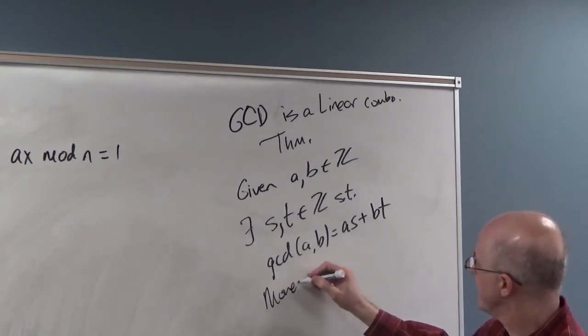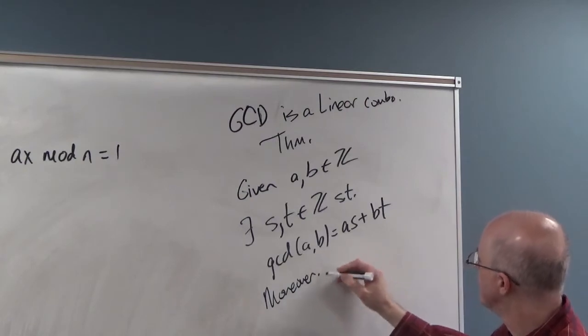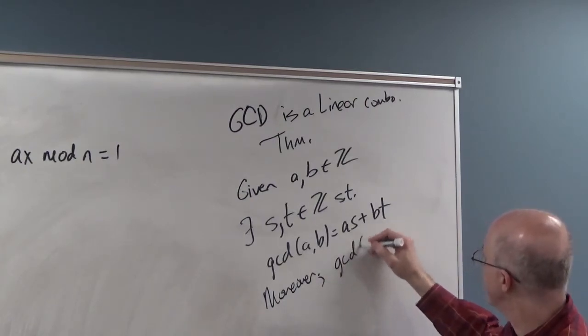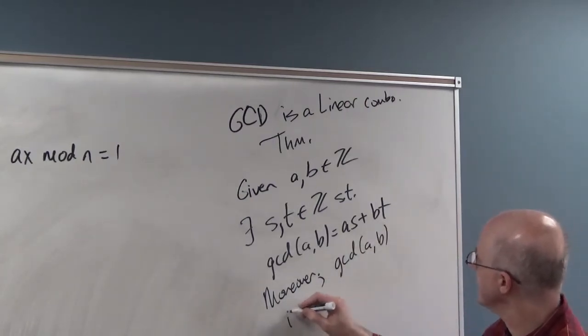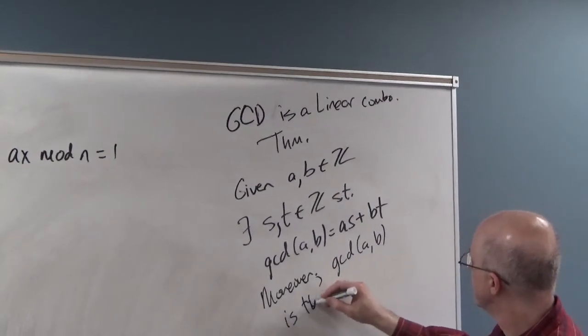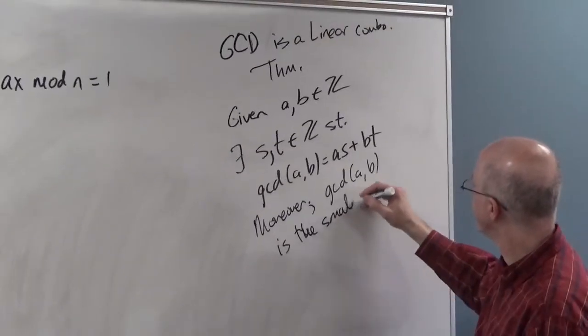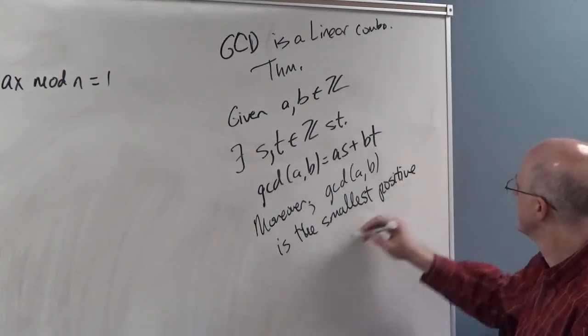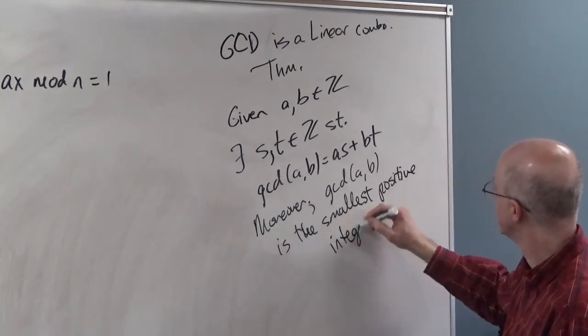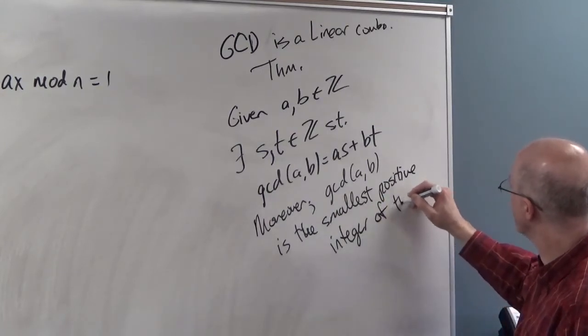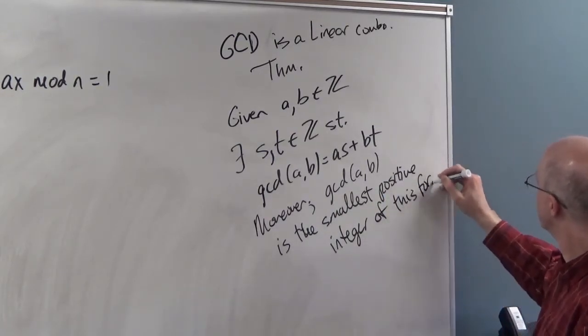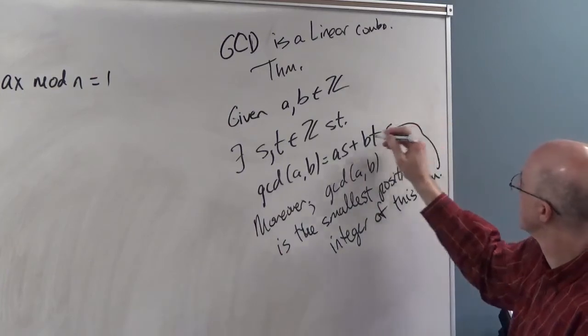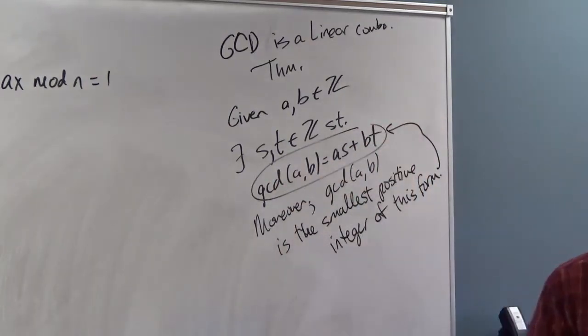Moreover, this is important too, the GCD of a and b is the smallest positive integer of this form, and by this form we mean as a linear combination.